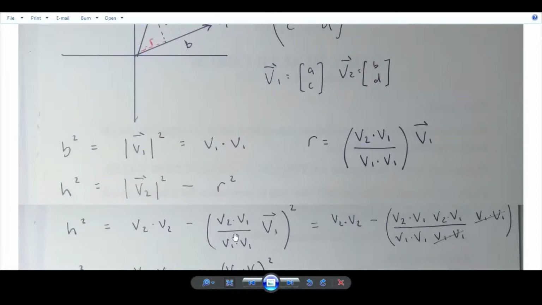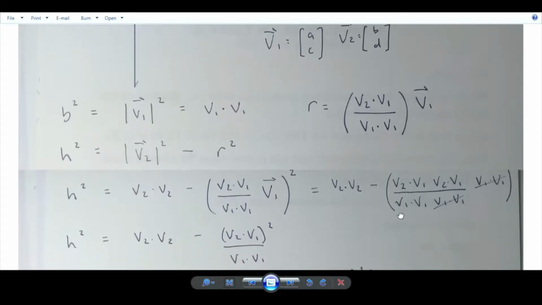Now I'm just going to square out these brackets, multiplying this by itself, with v1 dotted with itself each time. Now I can see the v1 terms cancel, these two terms cancel, so I can write that again, and these two terms square. So we end up with this situation.